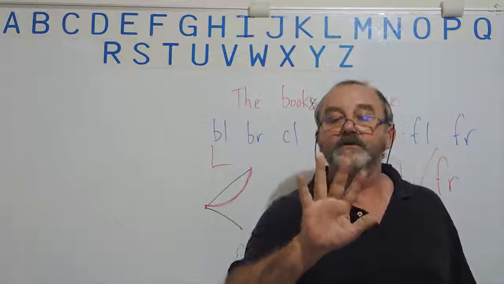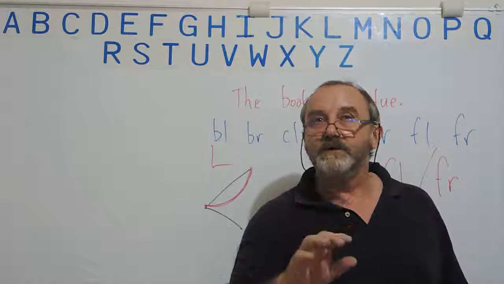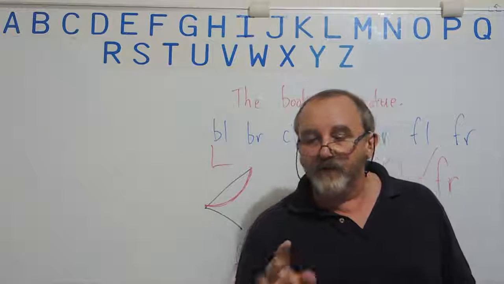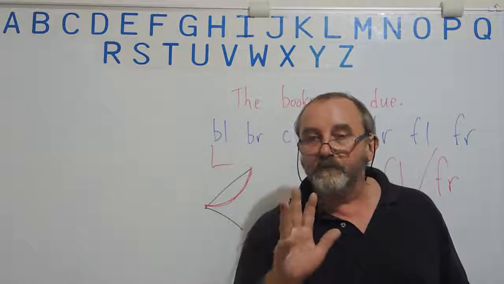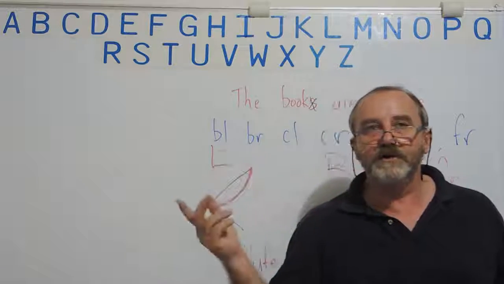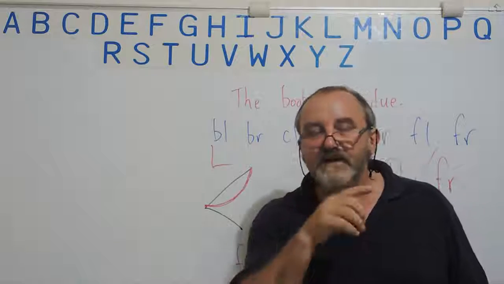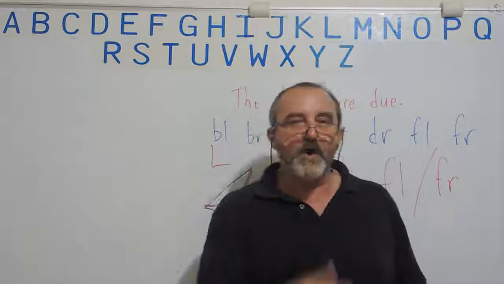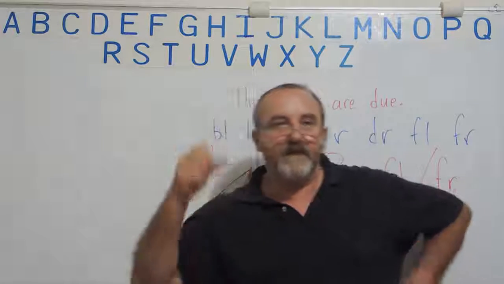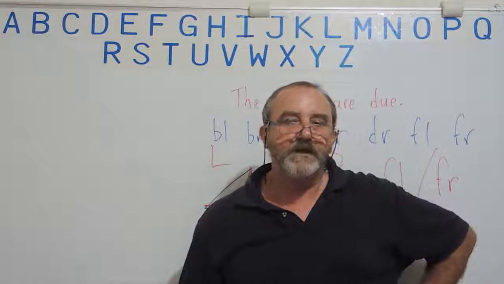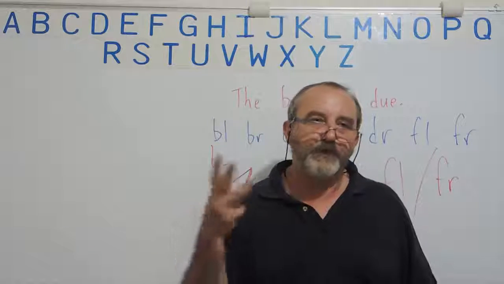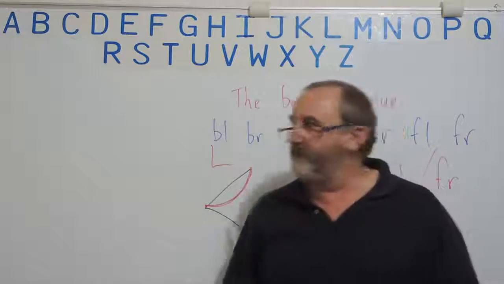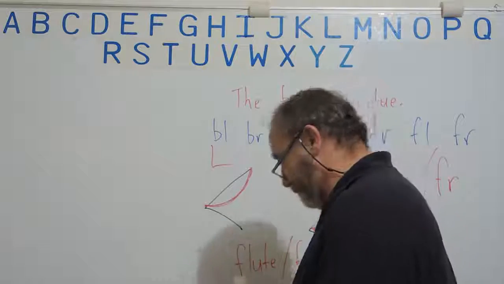And I would challenge them: how fast can you do it? The smartest students knew it wasn't about speed, it was about accuracy. I invite them to the front of the class and say, okay, go ahead, say it 10 times. And they would go, fruit, flute, fruit, flute.